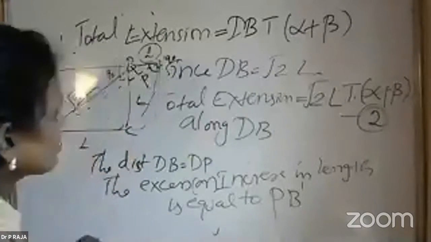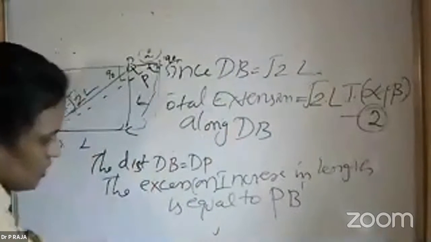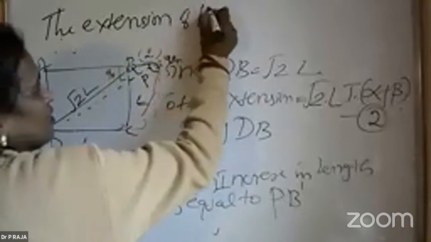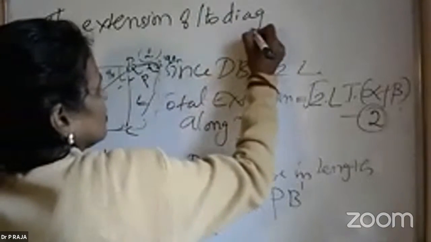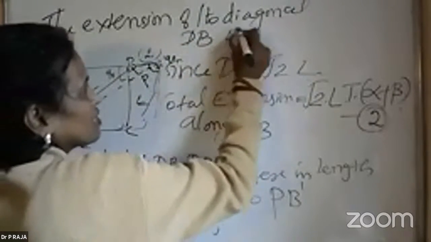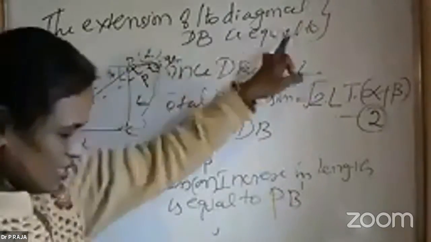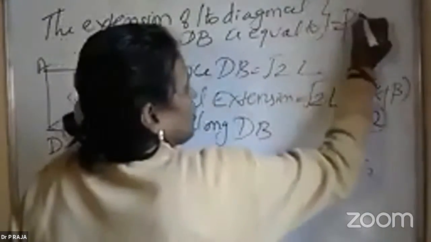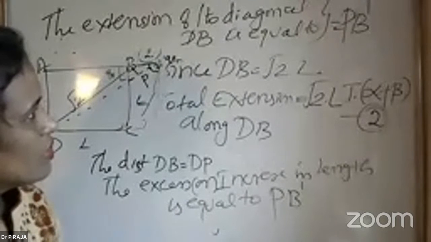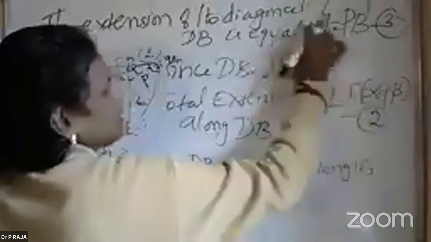I will write this again: the extension of the diagonal DB is equal to the extension PB dash. I will put this as equation 3. We are going to come back to this equation.